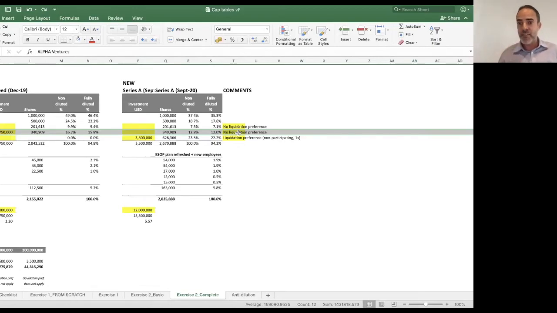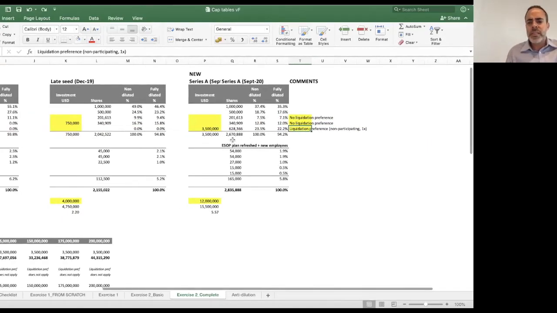So be careful, because if you're the founder, you may be buried under a whole range of layers of liquidation preferences, and there are instances where you may be selling the company for 50 million and you only get 500,000 for yourself, which is a disaster, right? So you need to be careful with that.